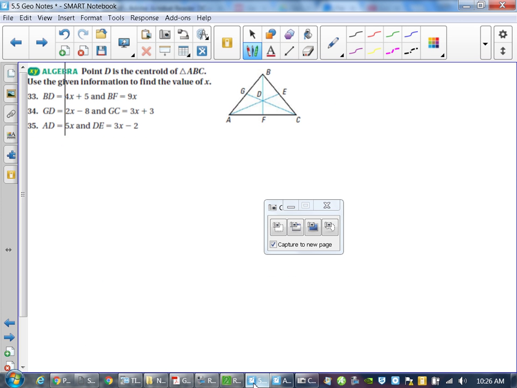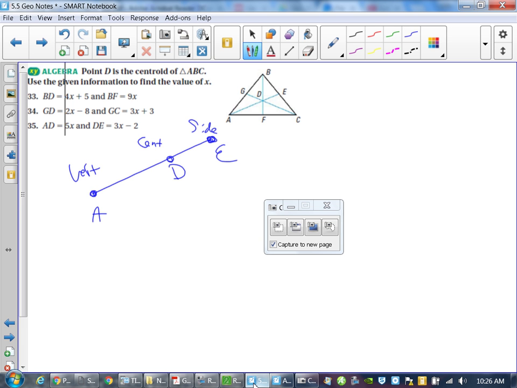Anyway, 35 deals with segment AD and DE. I hope that you guys did this where you drew the segment outside of the triangle, where you had your vertex, centroid, and side.